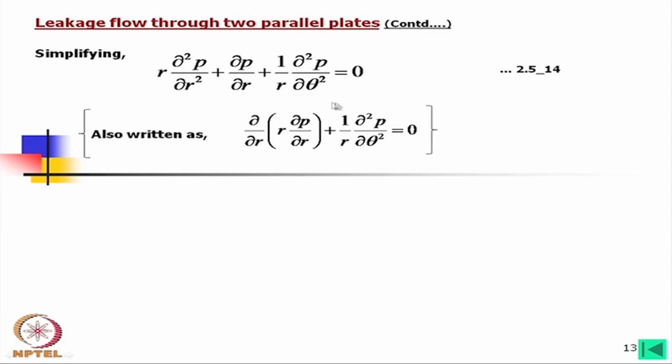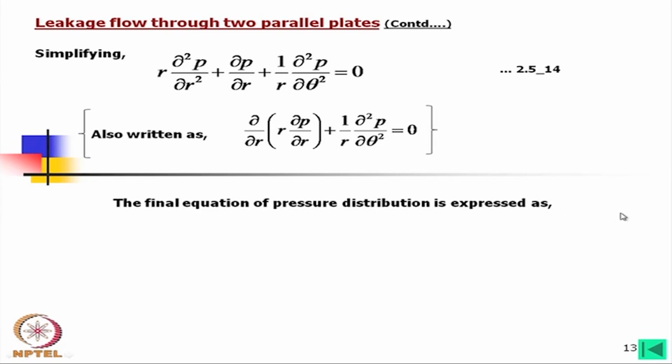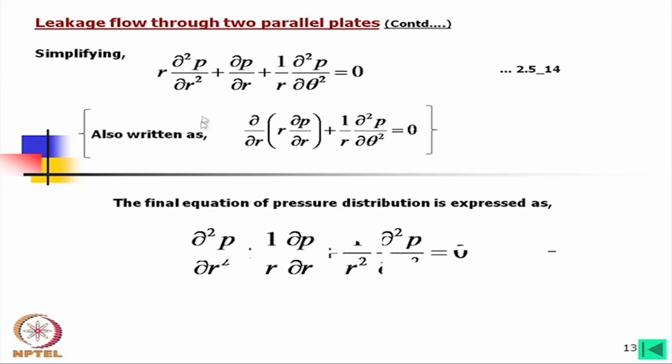In many cases, you will find the equation is written in this form. However, another form we can directly write from here, r we cancel out, dividing the whole left hand side by r, we get these equations. So, we will find the equation either in this form or in this form.